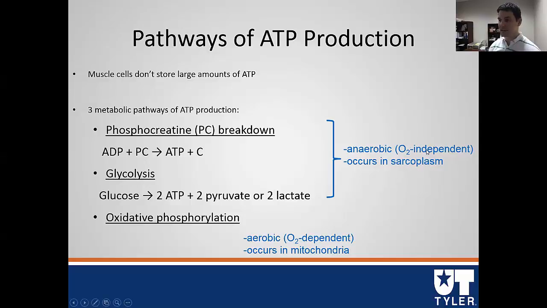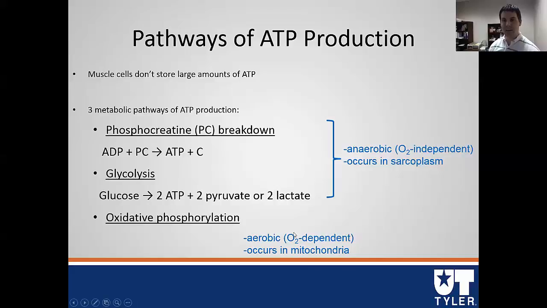This is where all the enzymes are located, and they are used to produce ATP relatively quickly. On the other hand, oxidative phosphorylation, as the name implies, is oxygen dependent. We require oxygen in order for this to happen, and therefore we call it aerobic metabolism. Because of this nature, it occurs in the powerhouse of the cell, the mitochondria.